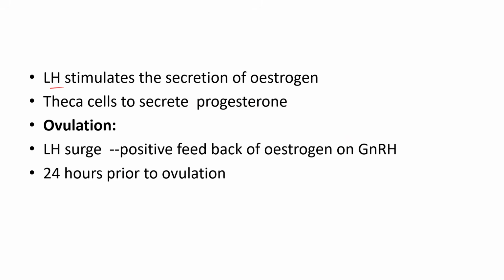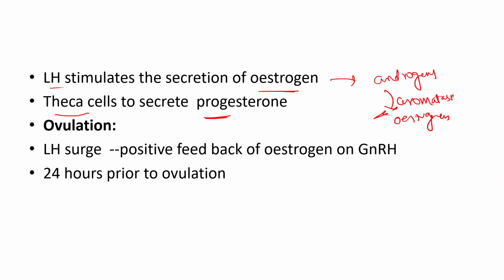And LH also stimulates the secretion of estrogen, because androgens are produced from theca cells which are converted into estrogens by the enzyme aromatase located in the granulosa cells. And LH also acts on the theca cells to produce progesterone.